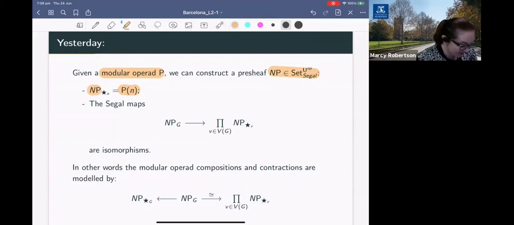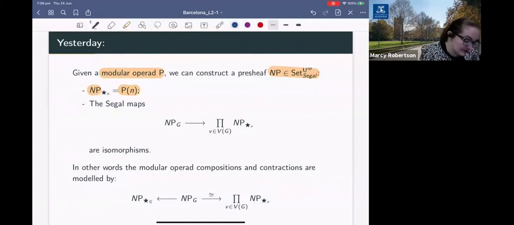I guess that's the precise way to say it. And I have these bijections, or now I've upgraded to an isomorphism, from the evaluation NP(G) to the product over the vertices of the evaluation at the stars. So this is the Segal map.